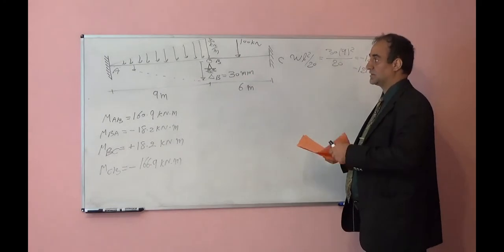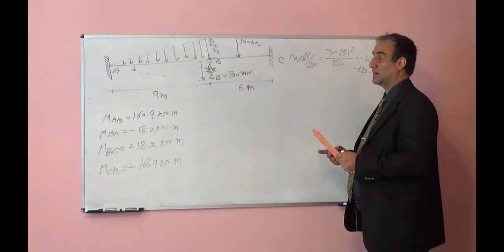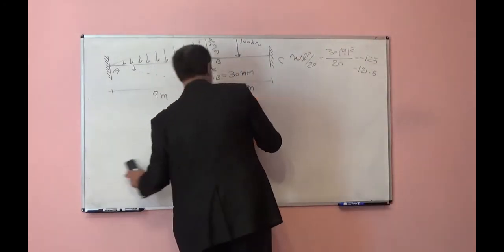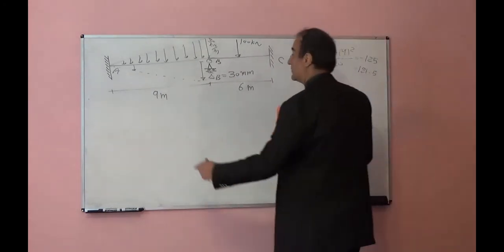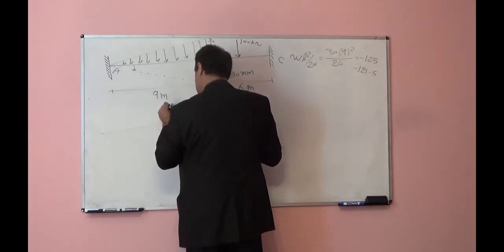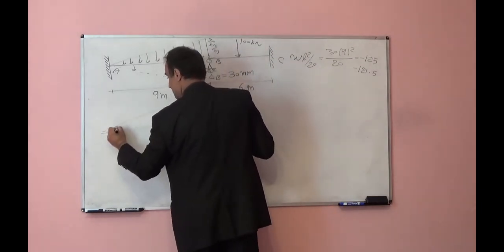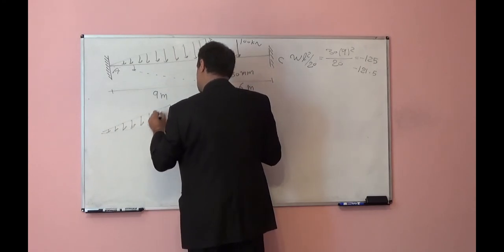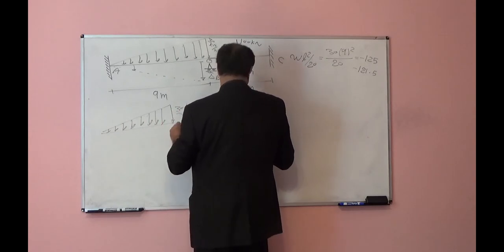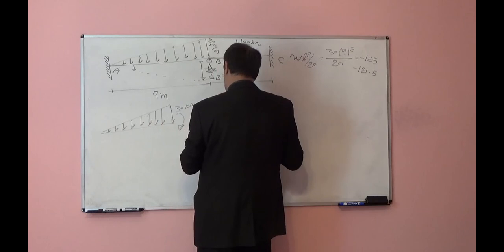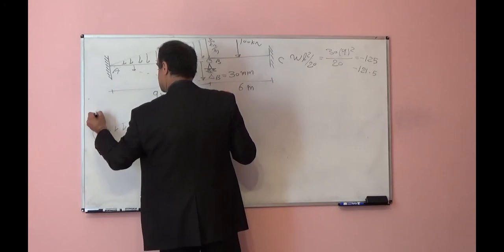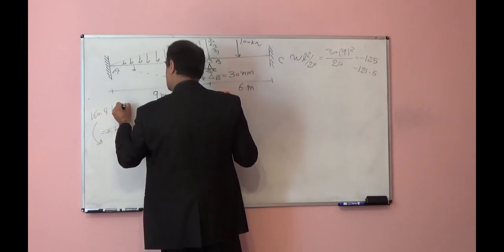Using a free body diagram for each segment, we can find the force reactions. So now I can cut these spans and show the free body diagram for part AB and part BC. For part AB, this will be 30 kilonewton per meter, this moment will be 18.2 kilonewton meter, and this will be 160.9 kilonewton meter.